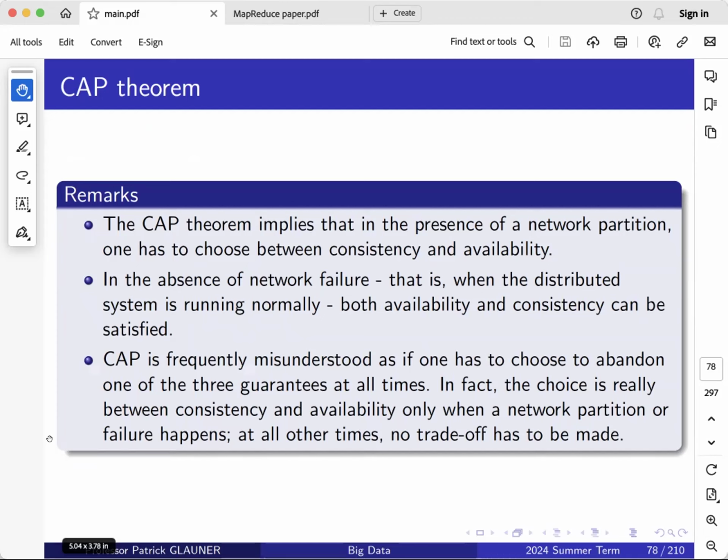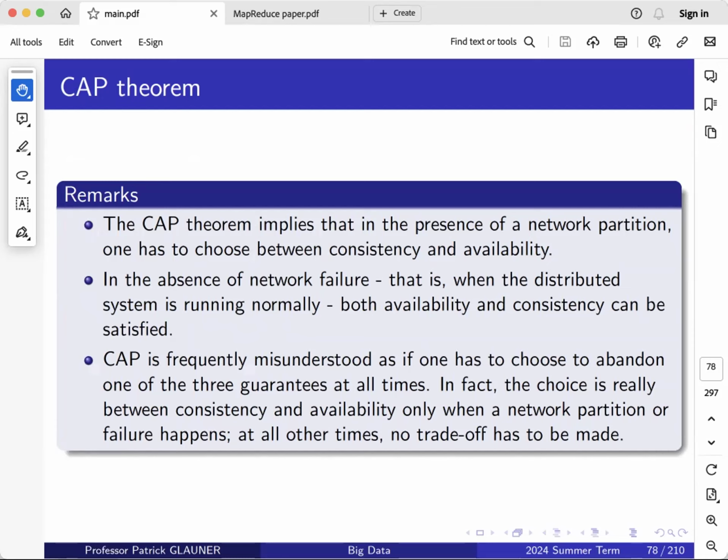And you don't really have to abandon one of those 3 guarantees at all times. Rather, if your network works relatively reliably, probably most of the time, you can have consistency and availability at hand. When there are more losses on the network, obviously, then it gets more tricky. But if there are no network failures or extremely few, probably you will not feel the impact.